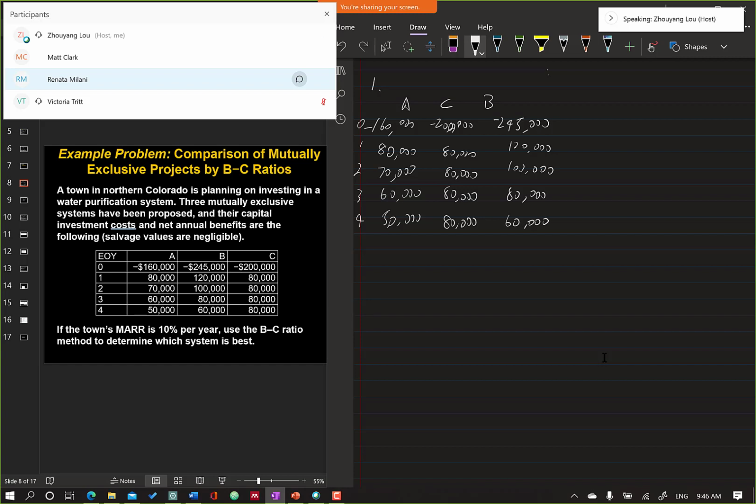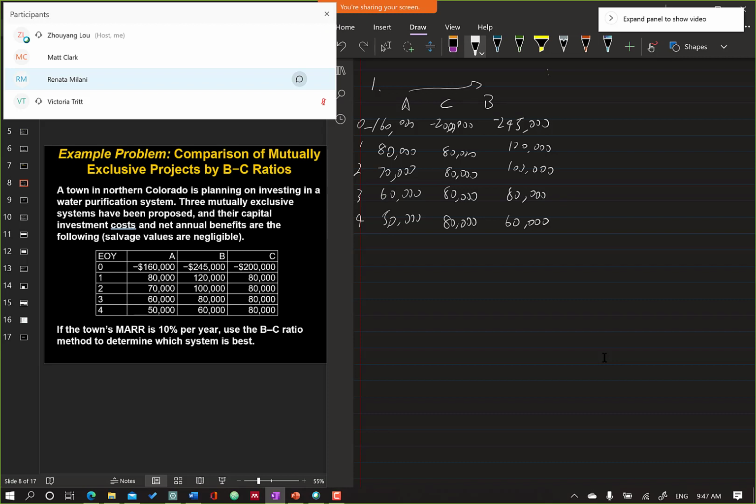When doing a benefit cost ratio analysis, especially the incremental one comparing multiple projects, you're always going to reorder those projects based on their cost. Here, for example, it's the initial investment from the least costly to the most costly, in increasing order.